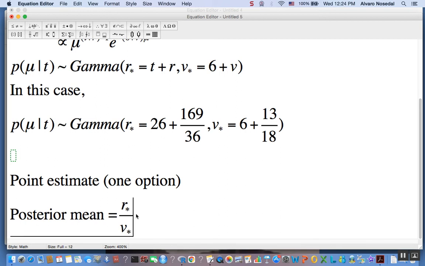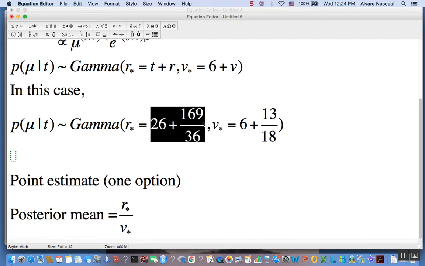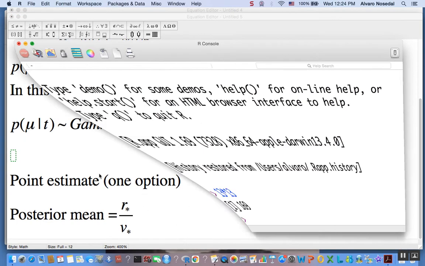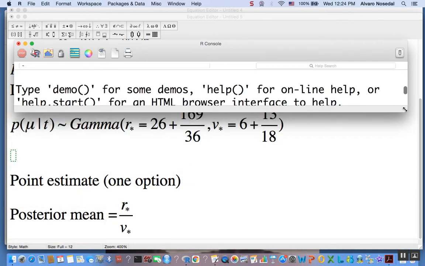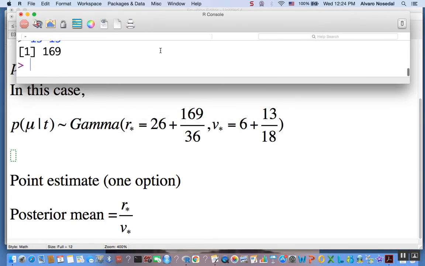Okay, so let's do the math here. Let's find r star. That happens to be 26 plus 169 divided by 36.